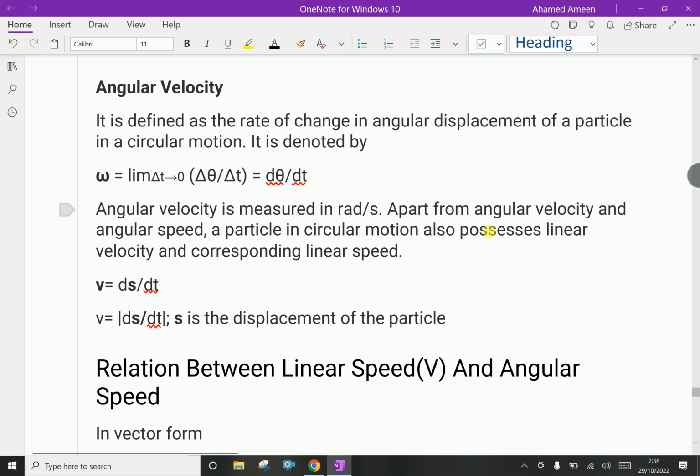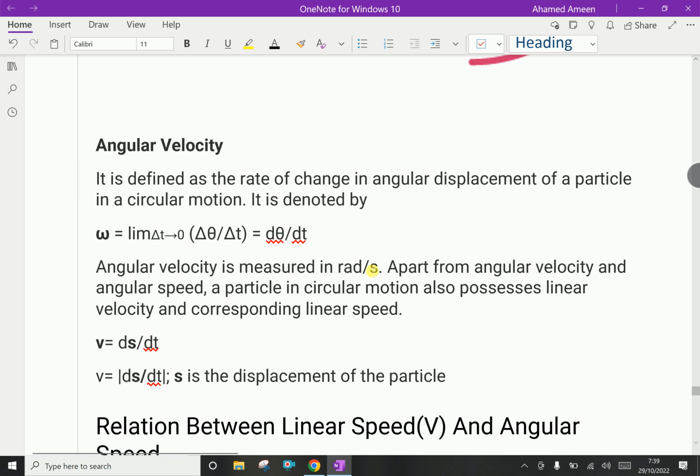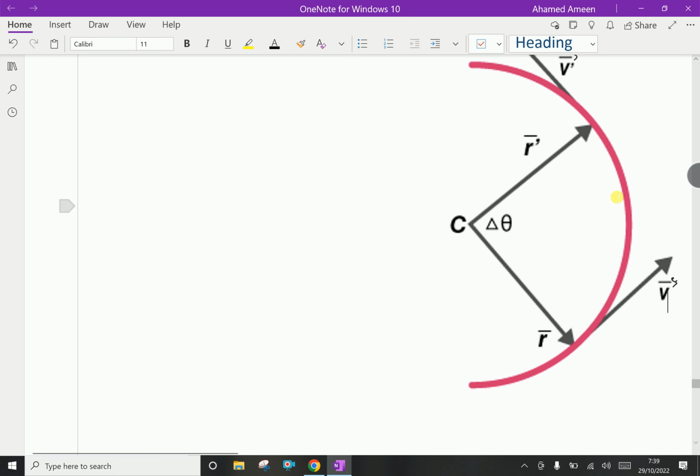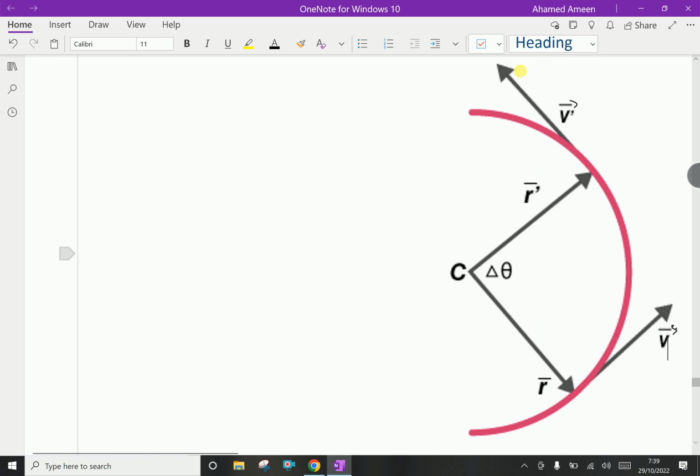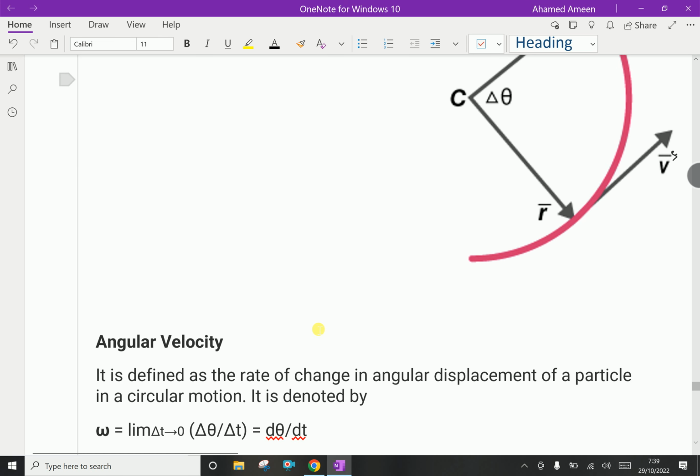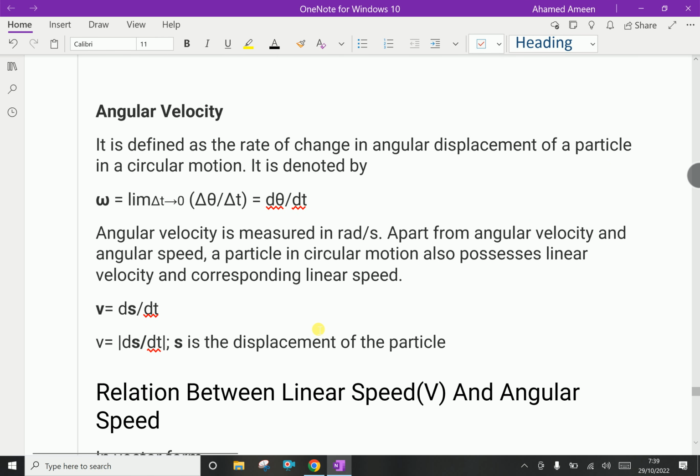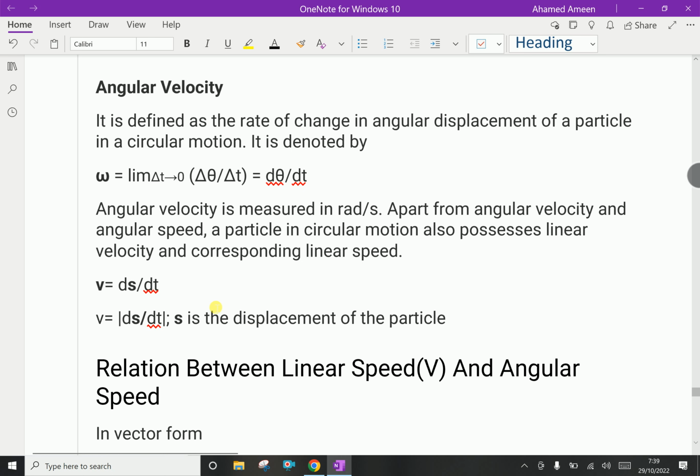Apart from angular velocity and angular speed, a particle in circular motion also possesses a linear velocity and corresponding linear speed. Here, this is the linear velocity, and without considering the direction, it is the linear speed. So, wherever there is angular motion, there is angular speed as well as angular velocity.